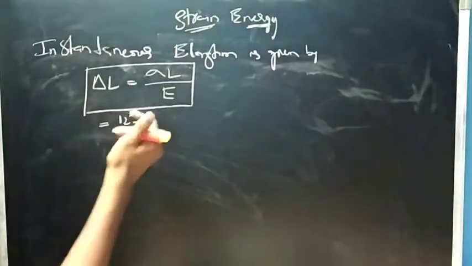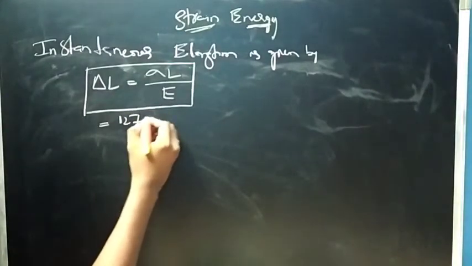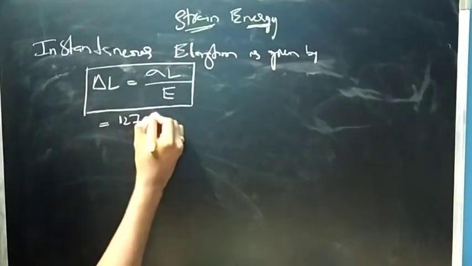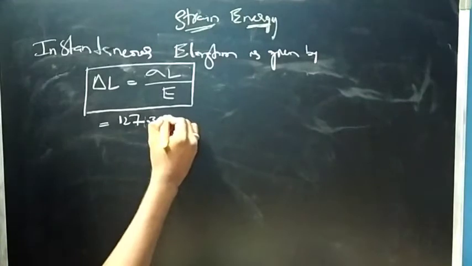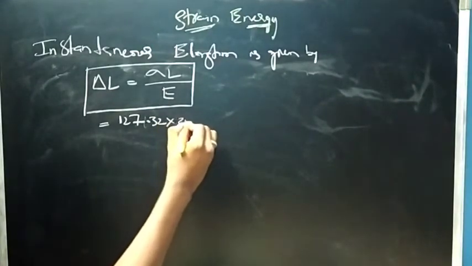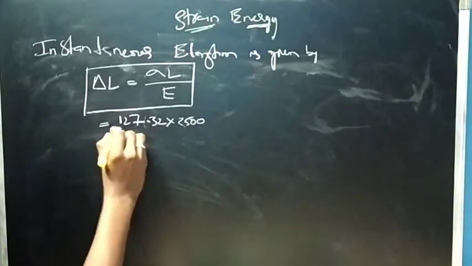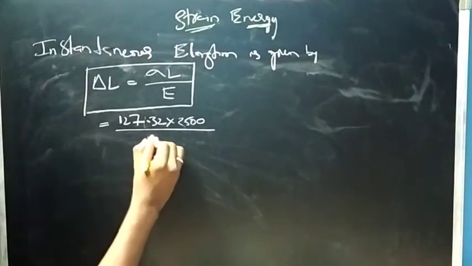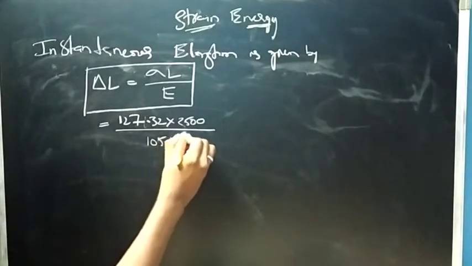So 127.32 into 2500 upon 105 into 10 to the power of 3.